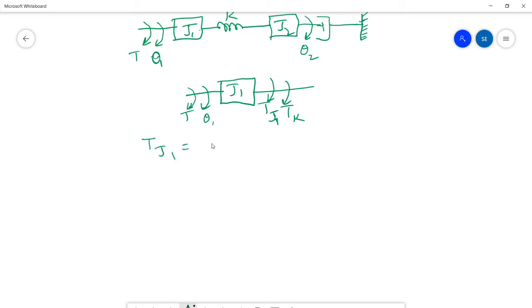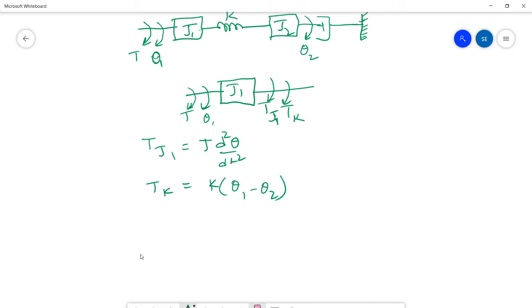Tj1 is equal to J1 into d square theta by dt square, and Tk is equal to K into theta 1 minus theta 2.